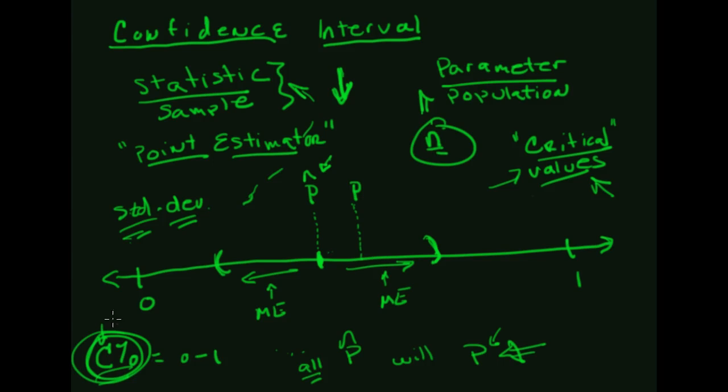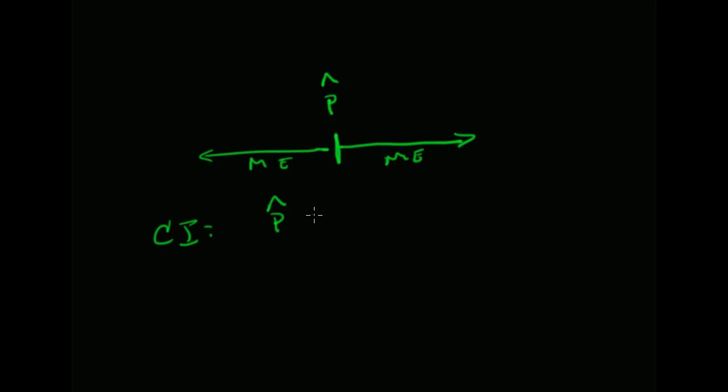So let me give a quick drawing of what this looks like in the big picture. My confidence interval is going to be centered at my point estimate. I'm using p hat because we're talking about proportions in this chapter. I go out by the margin of error, so the confidence interval is the point estimate plus or minus the margin of error, which gives me the two ends of the confidence interval.